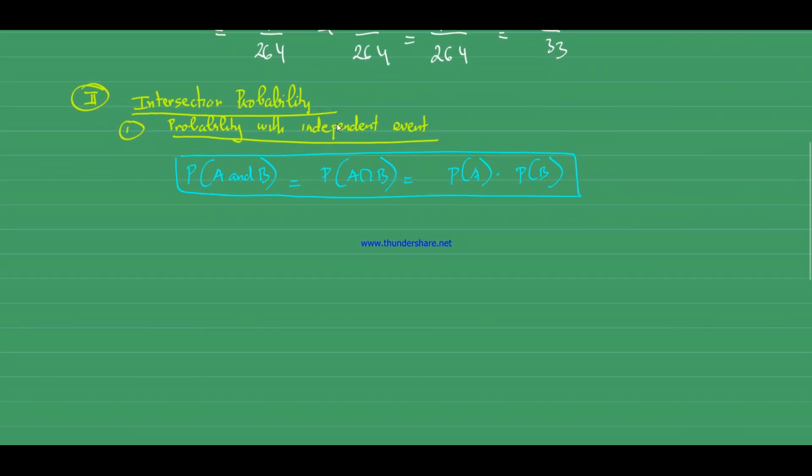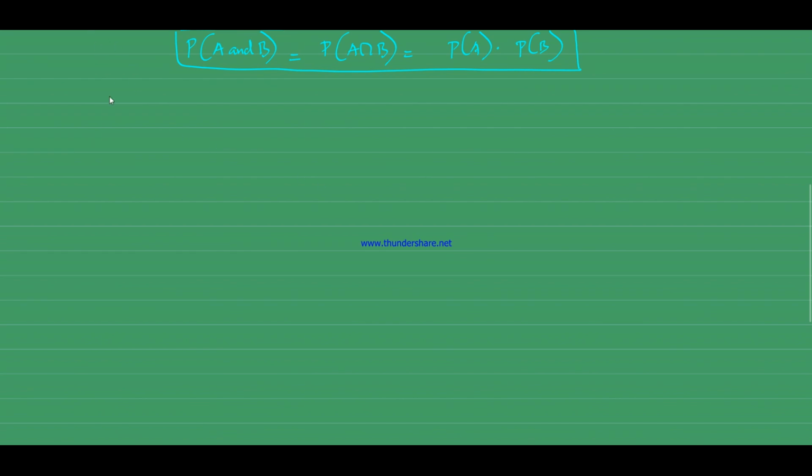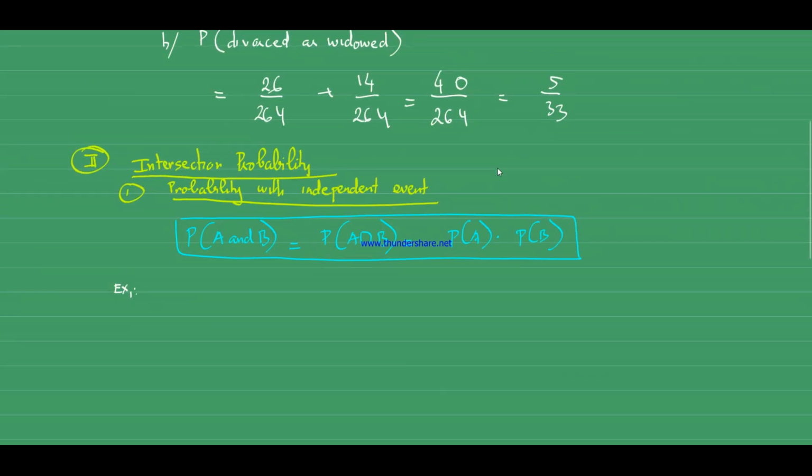Alright, so now let's start with our example. This is an independent event. The independent event means the occurrence of the first event has no effect on the probability of the other.